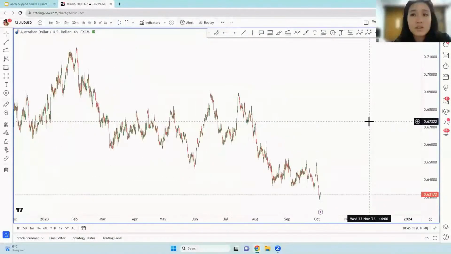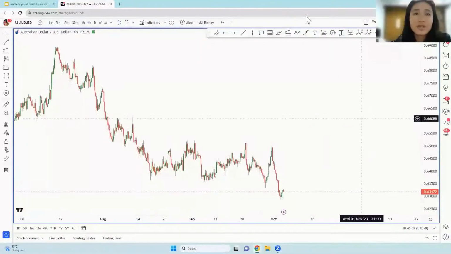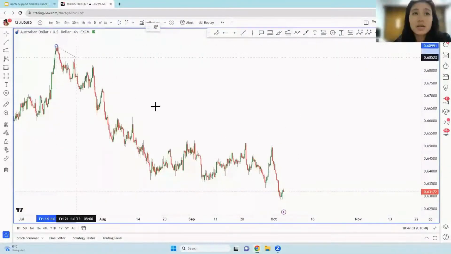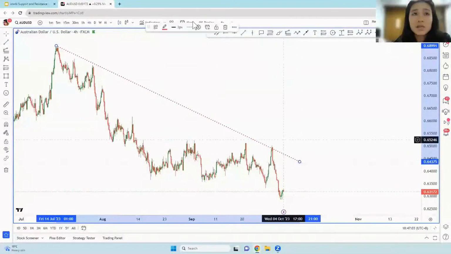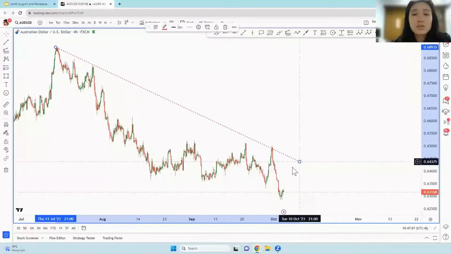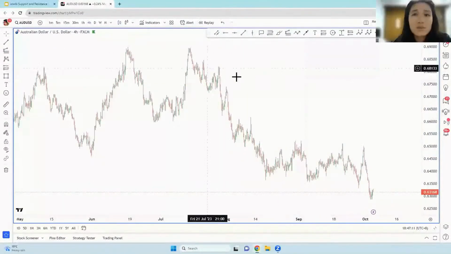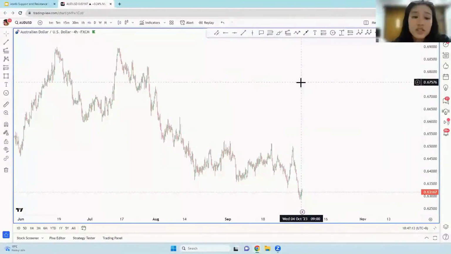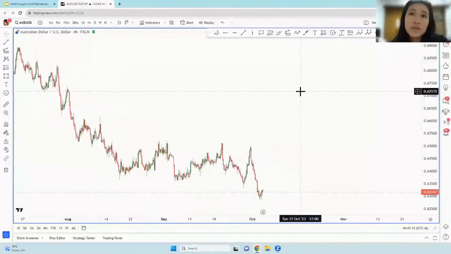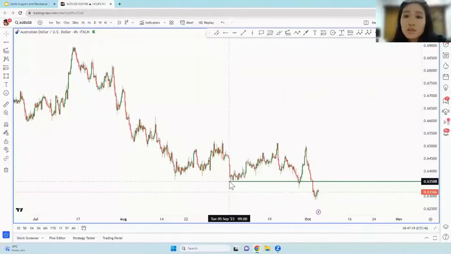In this case, I don't really have a descending trend line, I think. But we can definitely see that the trend is downwards.